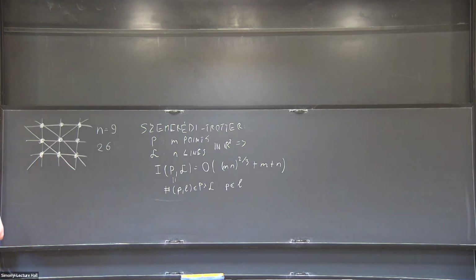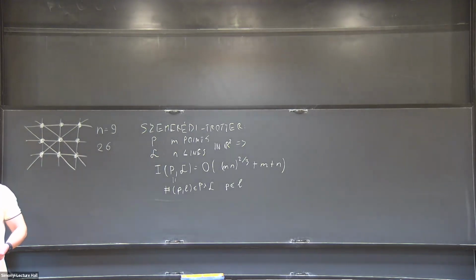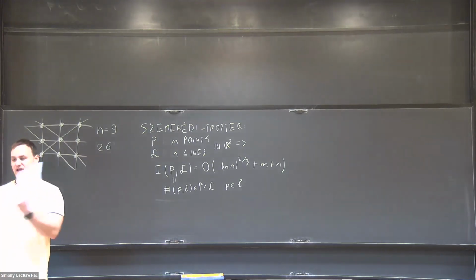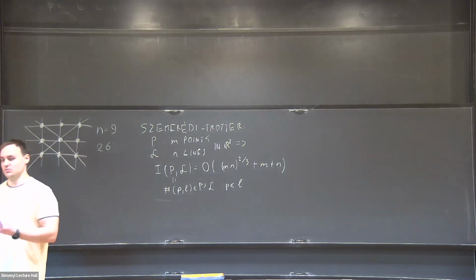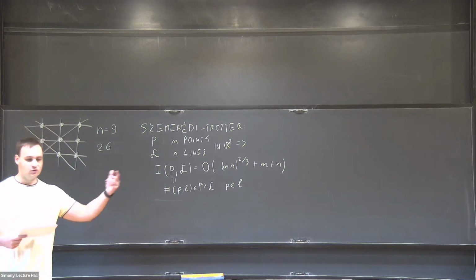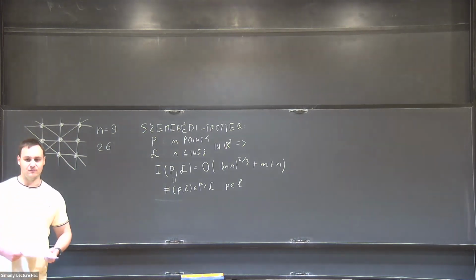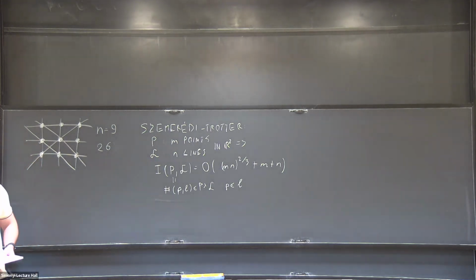Another famous application involves the Erdős-Szemerédi sum-product conjecture, where the conjecture is that if you're given a set of integers A, then either A plus A or A times A is very large. In the evolution of the lower bounds for this conjecture, the Szemerédi-Trotter theorem was used multiple times.